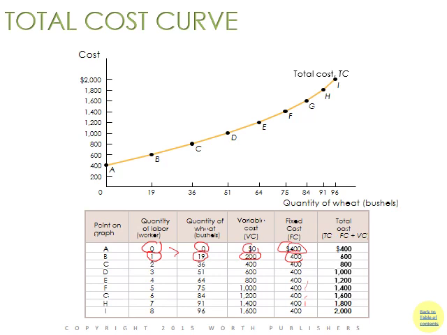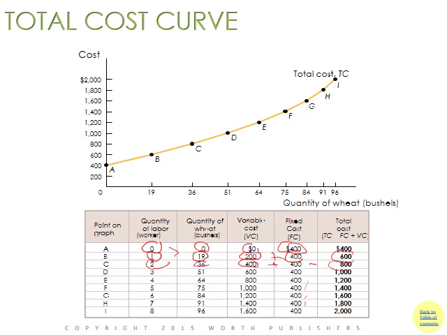And our total cost is fixed cost plus variable cost, which gives us a total cost of $600. Now we hire a second worker. Output goes from 19 to 36. We're paying the second worker the same $200 that we did the first worker, so our variable cost is $400. Our fixed cost is $400. So our total cost is equal to $800.